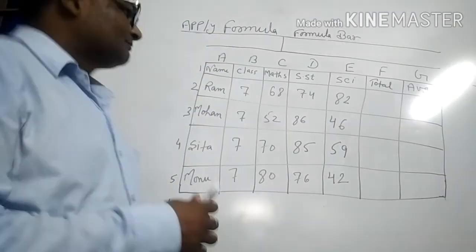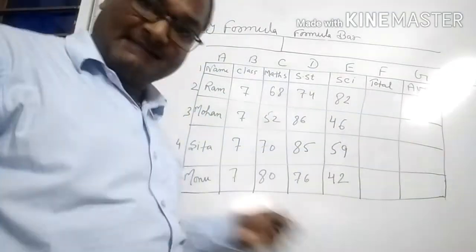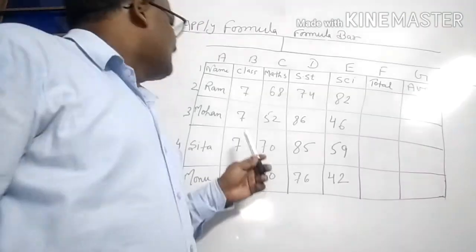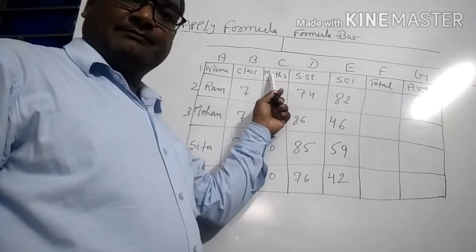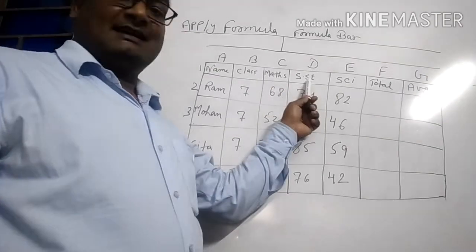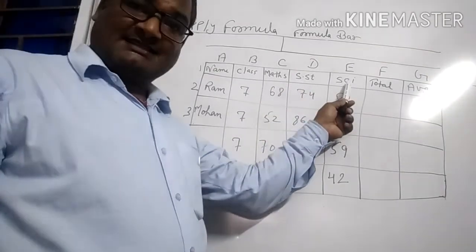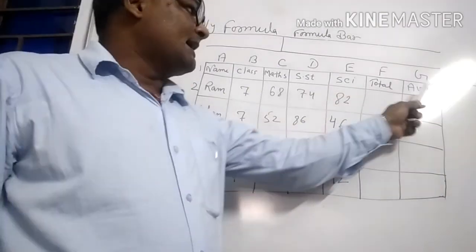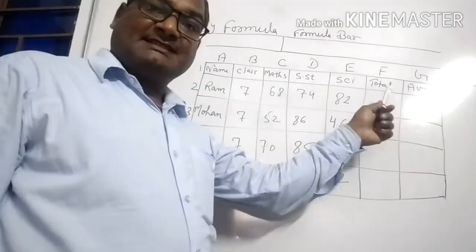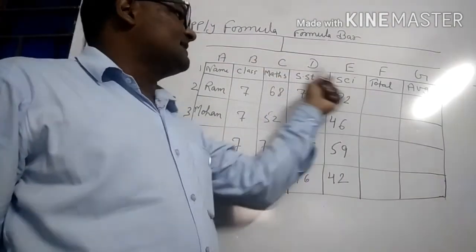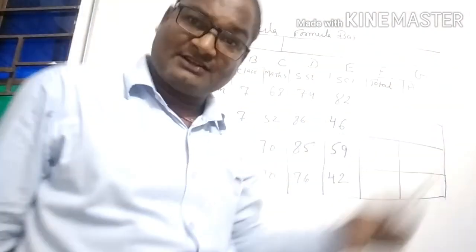Suppose that I have already created a table. Here is name, class, maths, SST, science, total, average. You better know that column names are defined by A, B, C, D, E, F, G, H. I already told you.